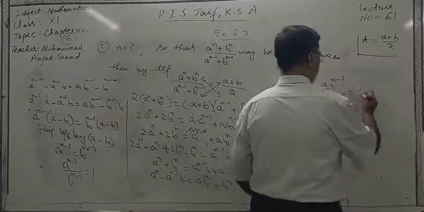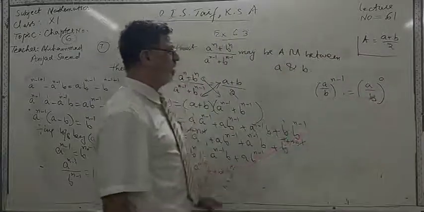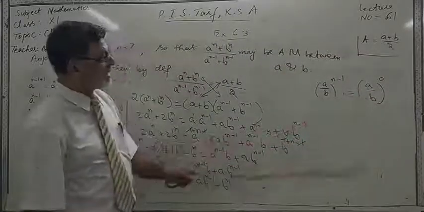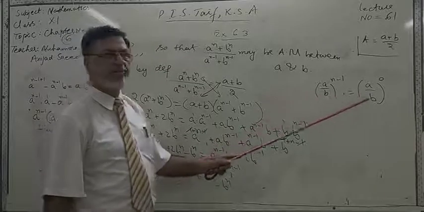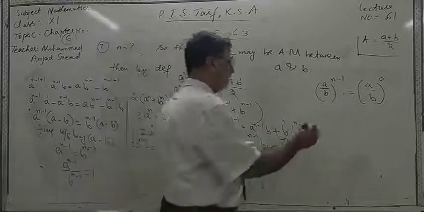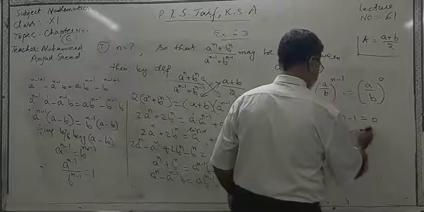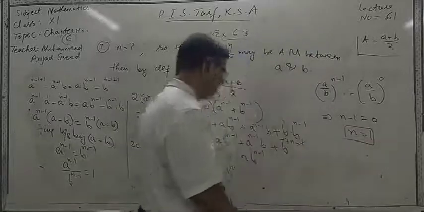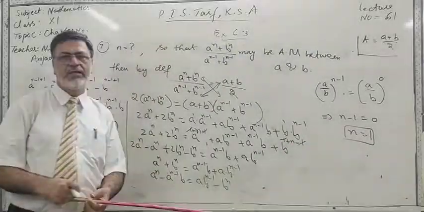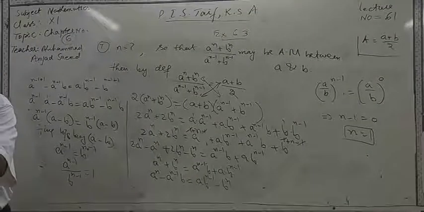So you can have (a/b) power 0, because it will be equal to 1. By writing this, we can compare them. Base is equal to base and power is equal to power. So n is equal to 1. Dear students, that was your question number 7. I hope that you understood this question.